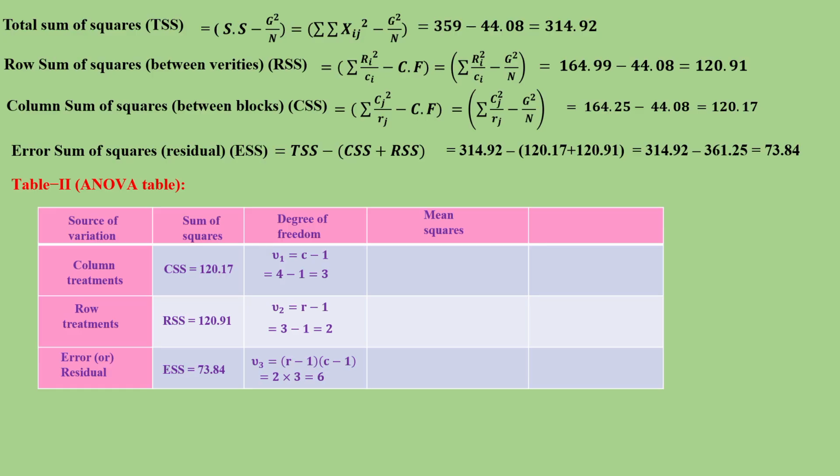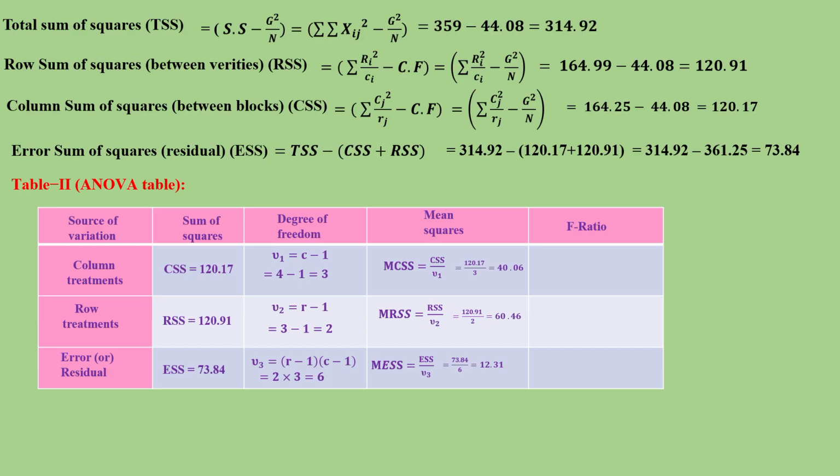Next, you have to find the mean sum of squares. Mean sum of squares of column, CSS by V1, so you will get 40.06. Then mean row sum of squares, RSS by V2, so you will get 60.46. Then mean error sum of squares, ESS by V3, so 12.31. Next, F ratio.